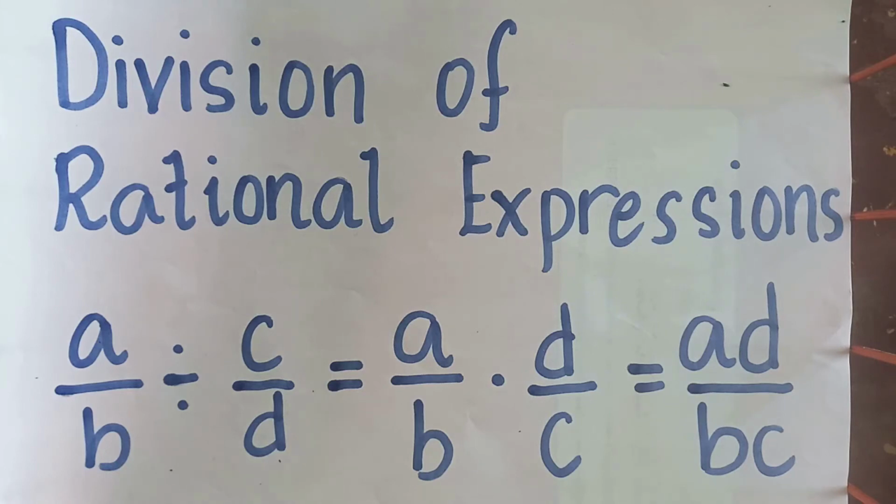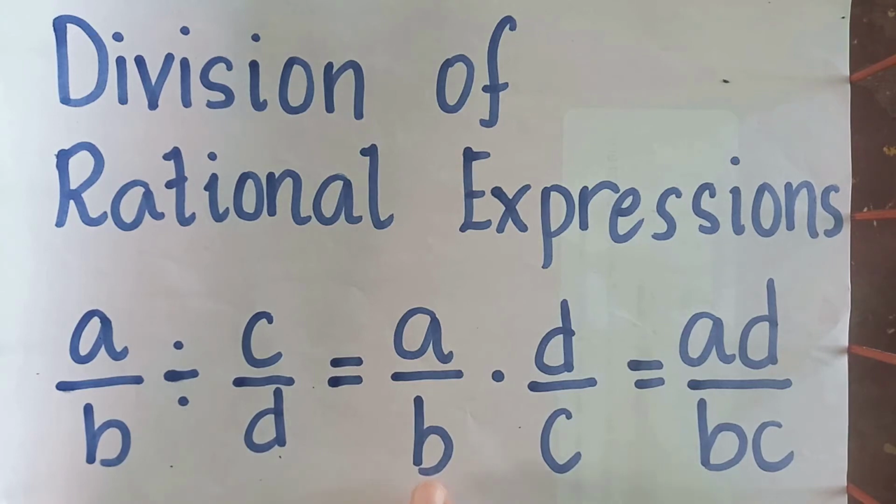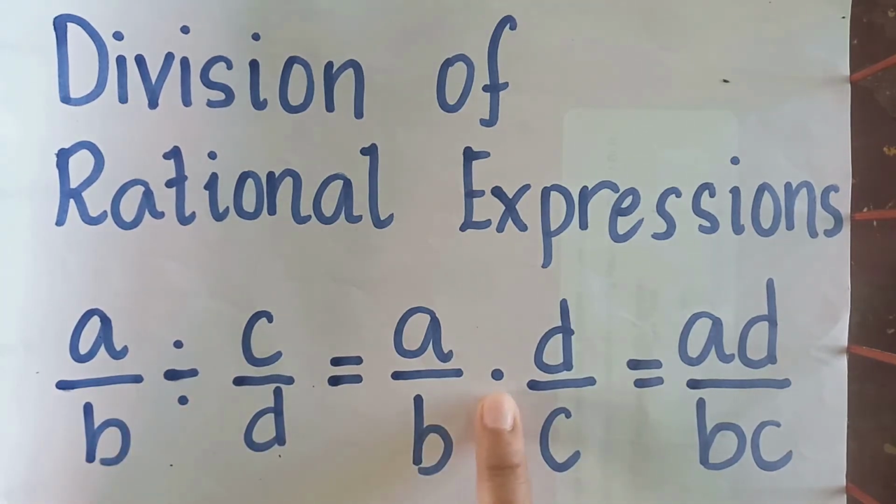How about division of rational expressions? So, it is defined as a over b divided by c over d is equal to, okay, so we will just copy the dividend a over b. So, ito po yon. And then from division, it would become multiplication. Okay?